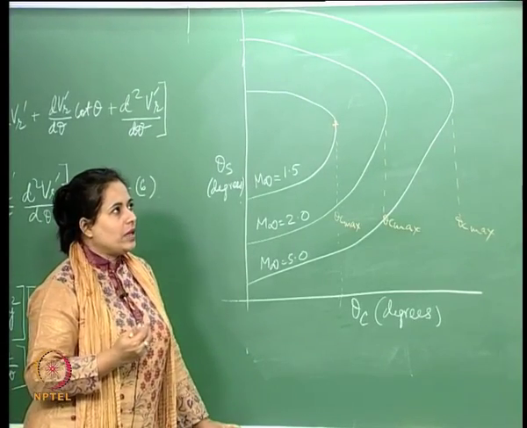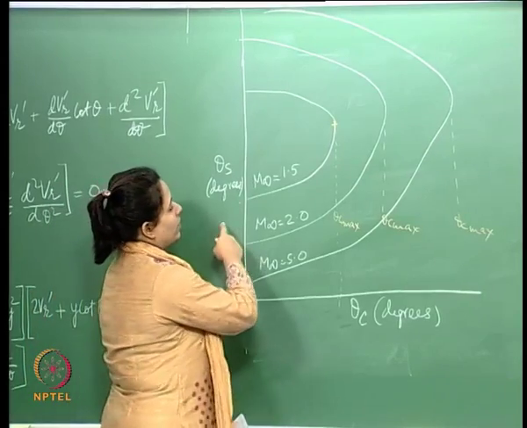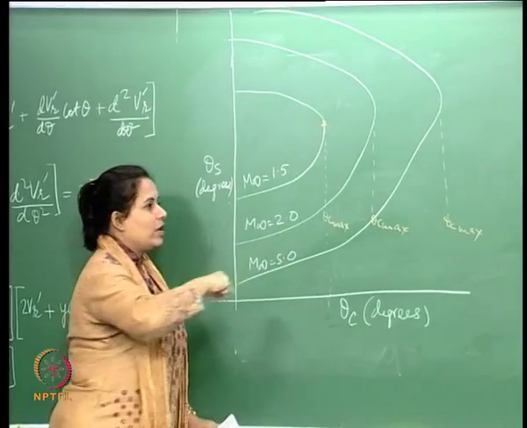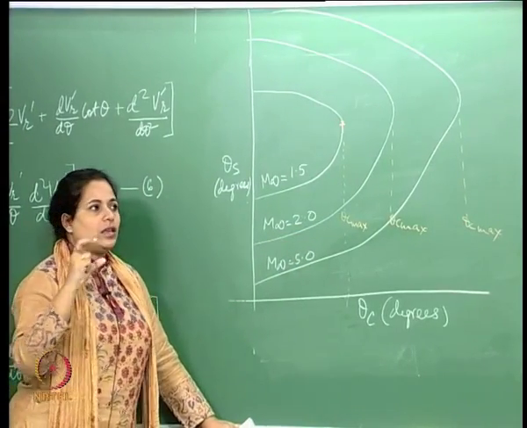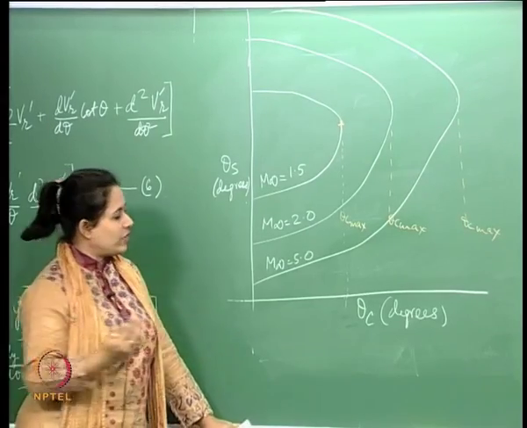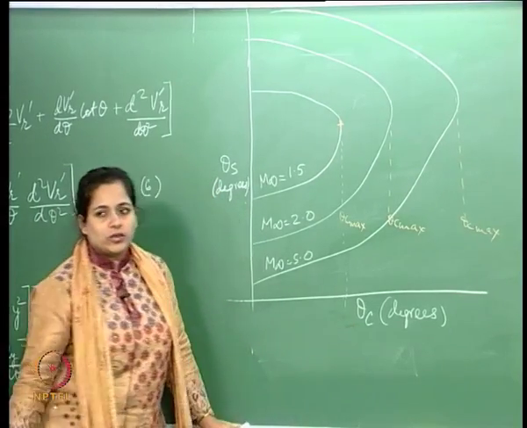Okay. What I mean is that for a given Mach number, for the cone, the shock is going to detach for a higher value of theta c compared to the wedge.